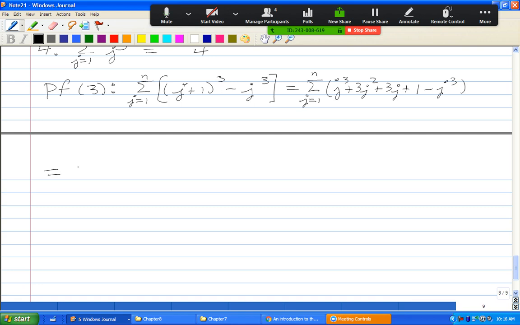So this is equal to the sum of 3j squared plus 3j plus 1.